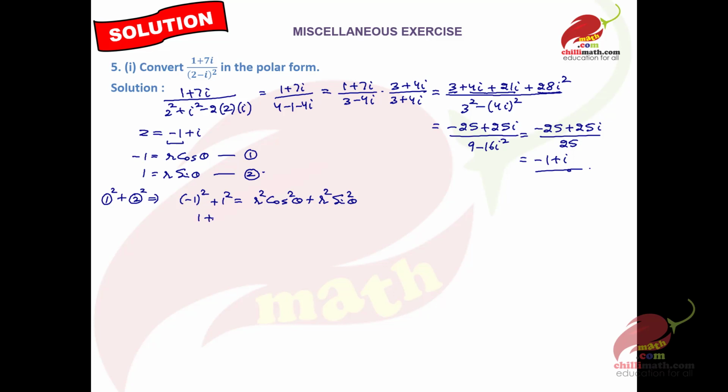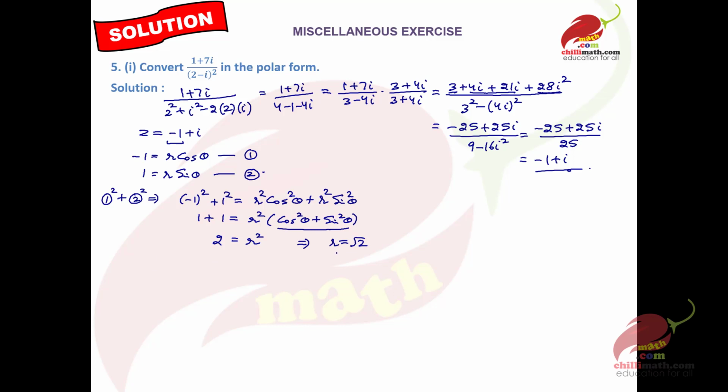Minus 1 square is 1, 1 square is 1, taking r square common, we get cos square theta plus sin square theta. As we know, cos square theta plus sin square theta is 1. So on the right hand side we get r square, 1 plus 1 is 2. So taking square root we get r equal to root 2. We don't write plus minus root 2 because r is our modulus and it is always positive.